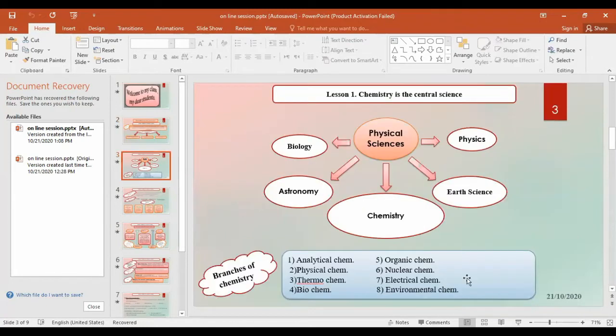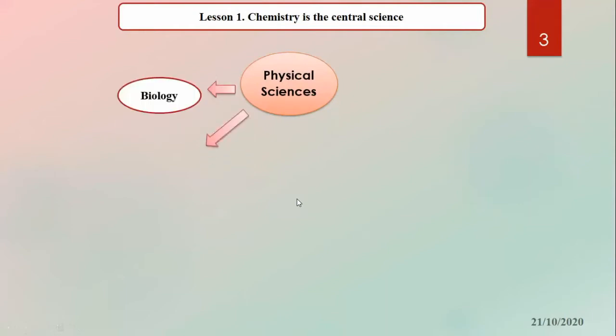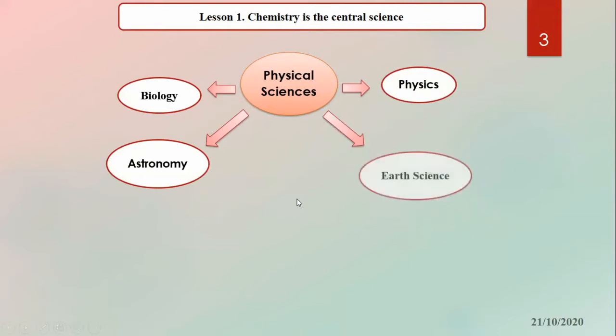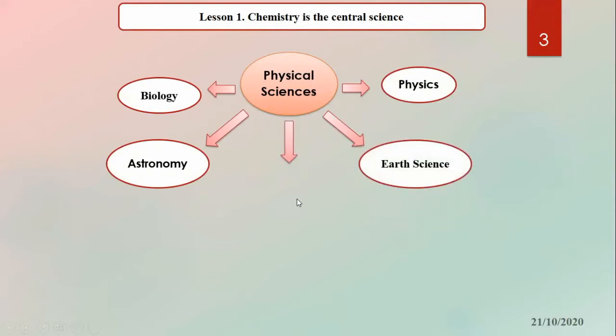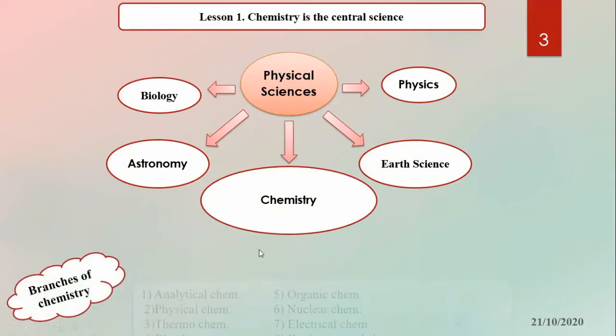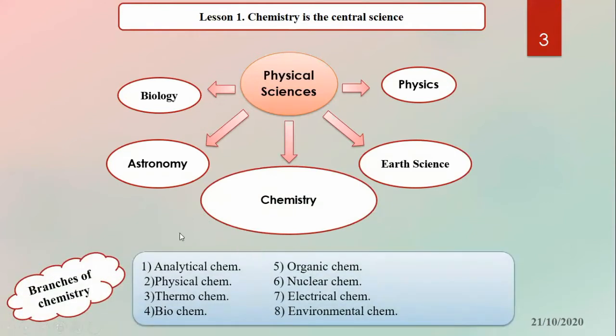After that, we talked about the types of natural and physical sciences: biology, astronomy, physics, earth science, and finally, our subject, which is chemistry. Let's talk about some branches of chemistry, like analytical chemistry, physical chemistry, thermochemistry, environmental chemistry, and so on, okay?